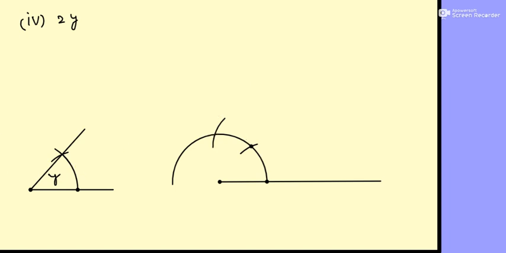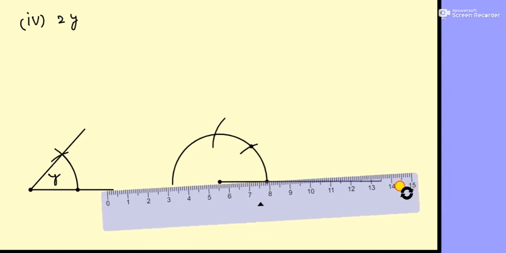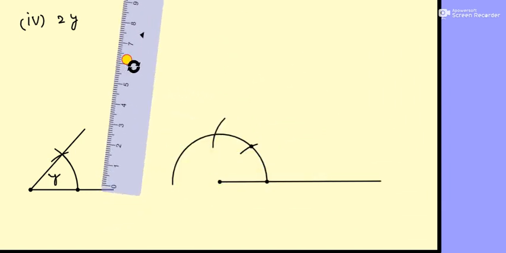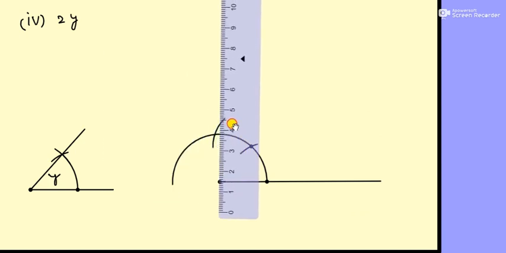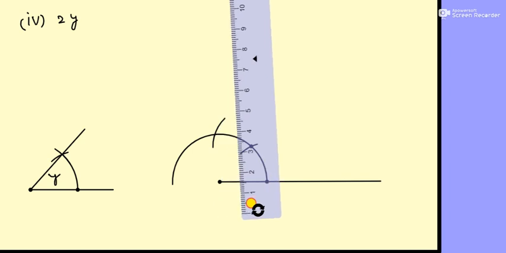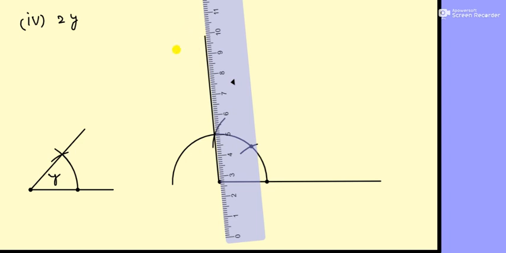Remove the compass and draw a line segment from this point with the help of the scale. So how can you draw this line with the help of the scale? Yes, with the help of a pencil you can draw this.